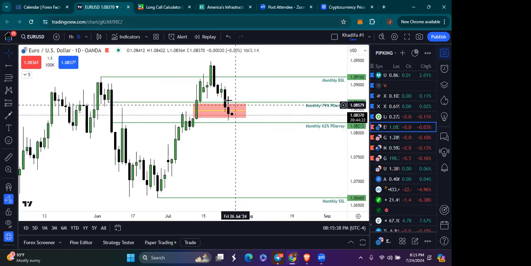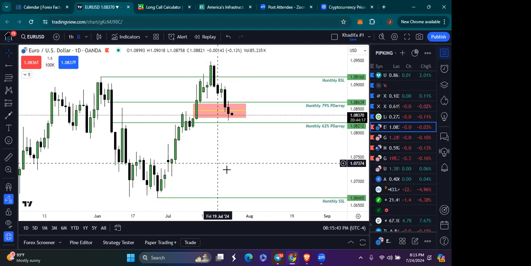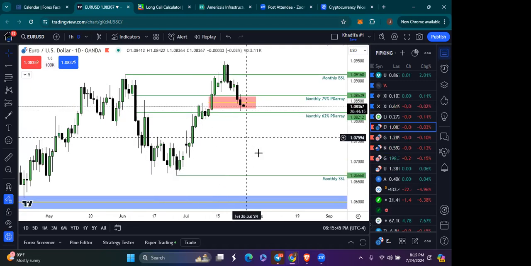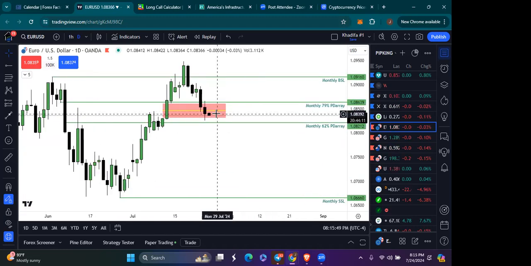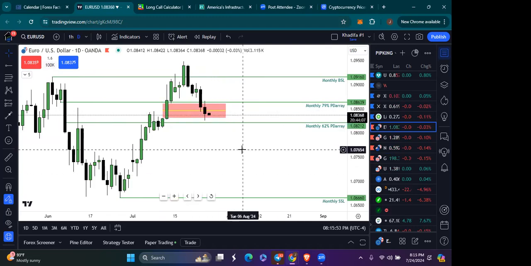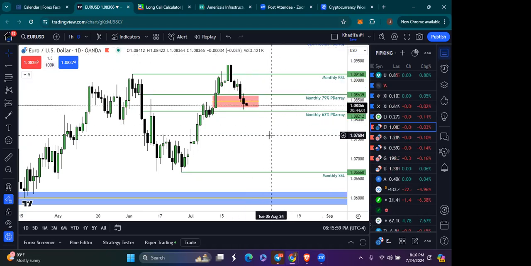That will determine what areas of liquidity I target next. So that's what I'm waiting for on Euro USD. Of course, if I expect to see the dollar continue lower, then that means I expect Euro USD to continue higher.